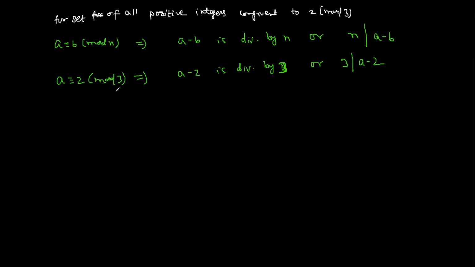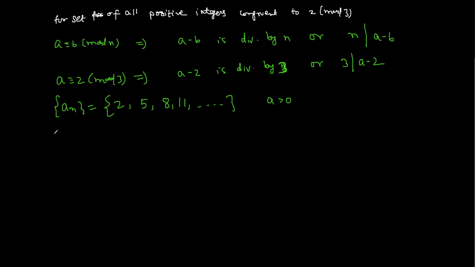So what is the possible value of a? For what possible values of a can you write such that a minus 2 is divisible by 3? So put 2: 2 minus 2 is 0, 5 minus 2, 8 minus 2, 11 minus 2, and so on. A must be greater than 0.